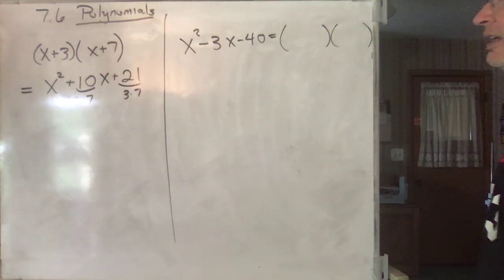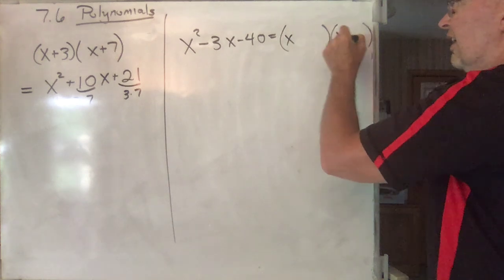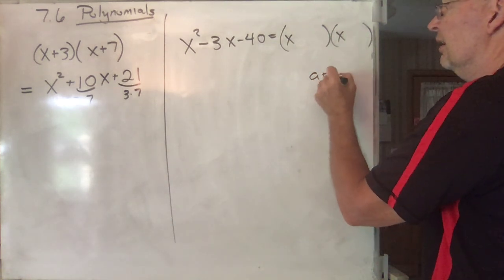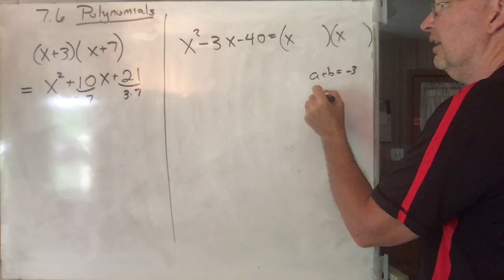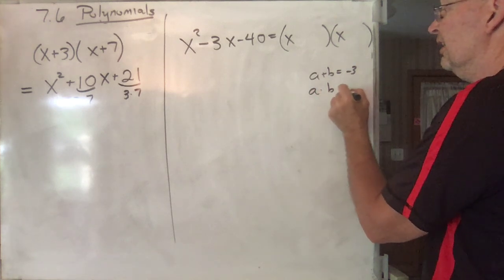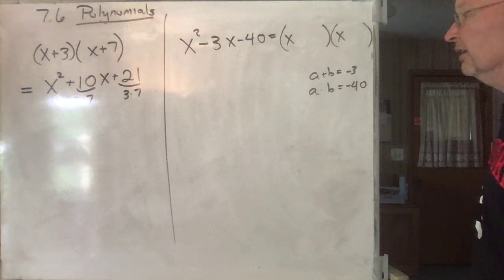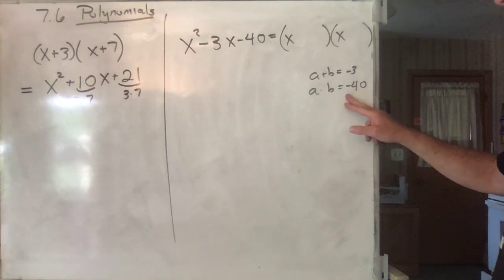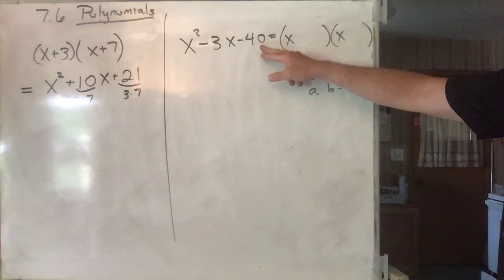Are you ahead of me? Going to be an x here, x here. We want two numbers, a and b, that add to -3, and a times b give you -40. Oh, I get it. Well, that's fine. So one is positive, one is negative. And so you think of things that multiply to 40. What are things that multiply to 40?